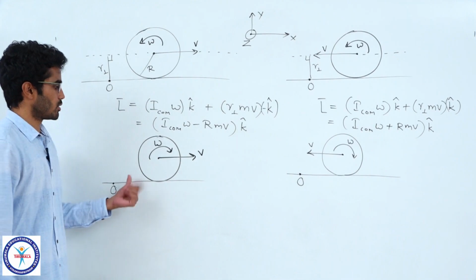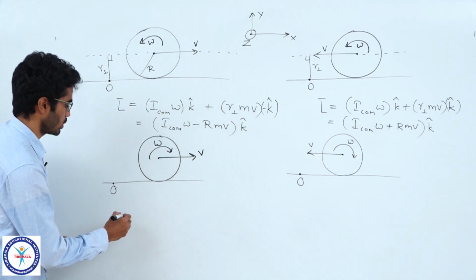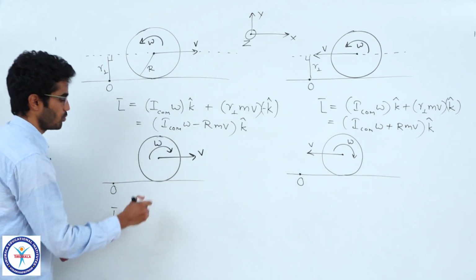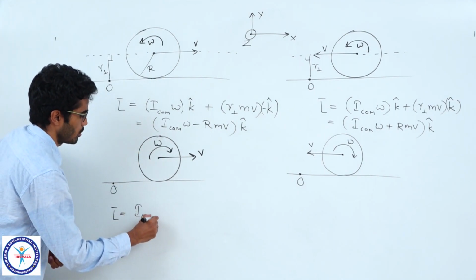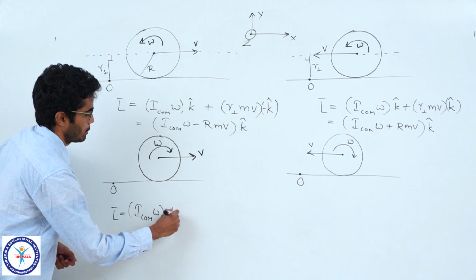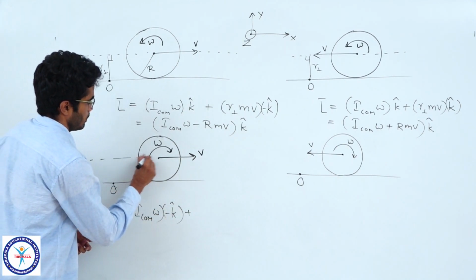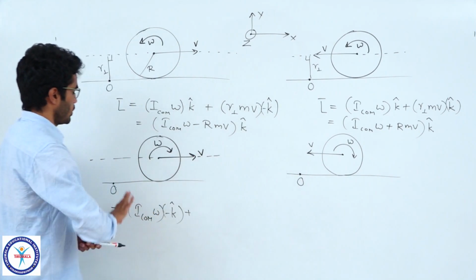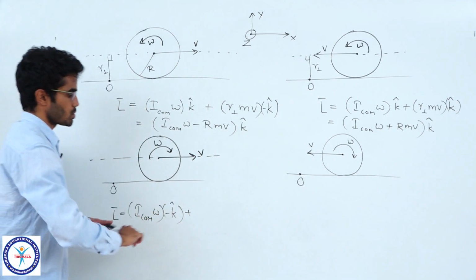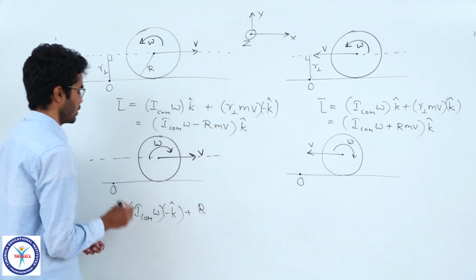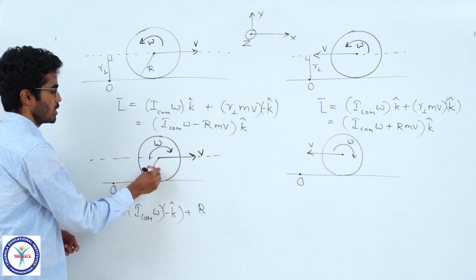So, let us write the expression for these two cases also. Here it will be I omega, spin inwards, plus the perpendicular R cross P is also inwards, and I am just writing it as capital R because the perpendicular distance is the radius.